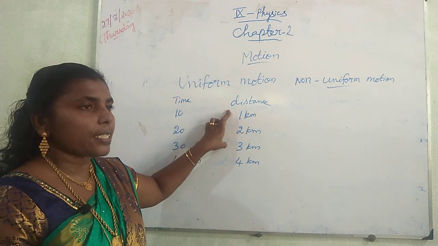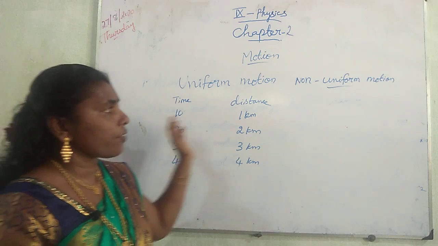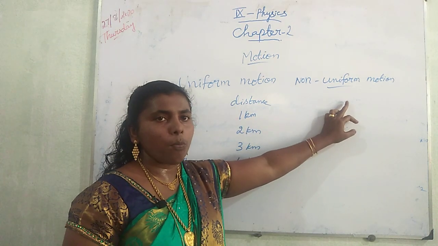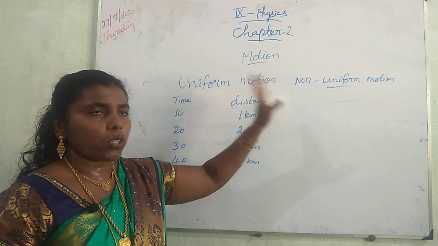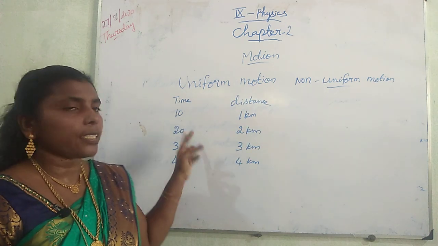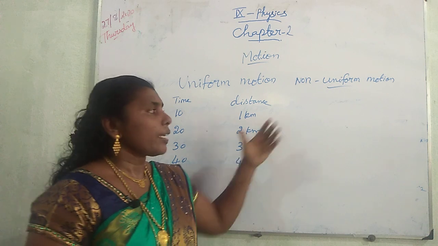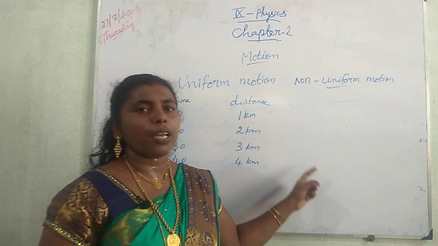So unequal distance in equal intervals of time is called non-uniform motion. So let's study uniform and non-uniform motion. What is uniform motion? Equal distance in equal intervals of time.